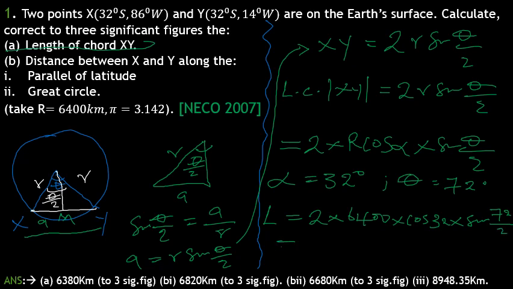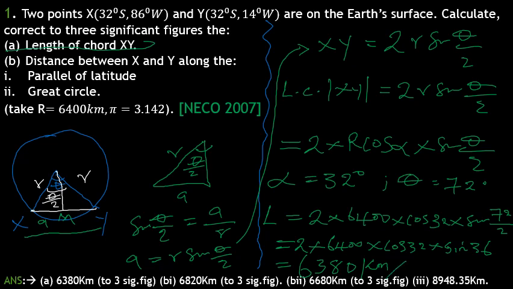All right, if we punch this, that's 2 times 6400 times cos 32 times sine 36. It should give us 6380 kilometers. All right, that's to 3 significant figures. This is the answer.